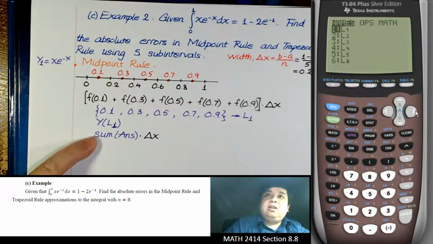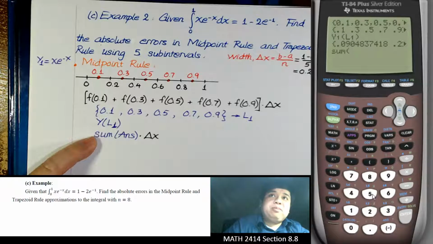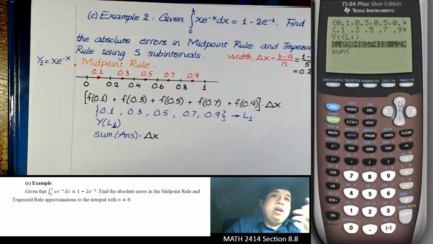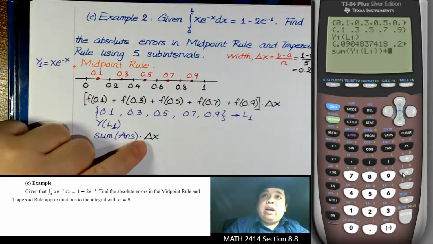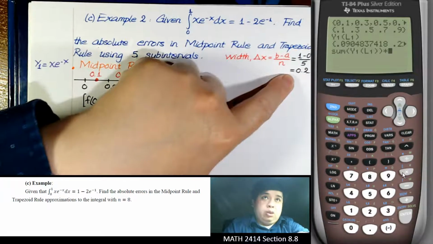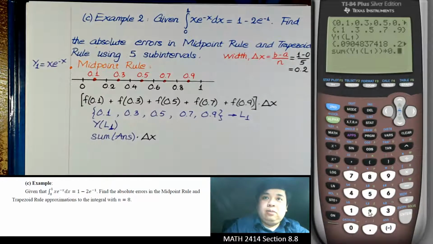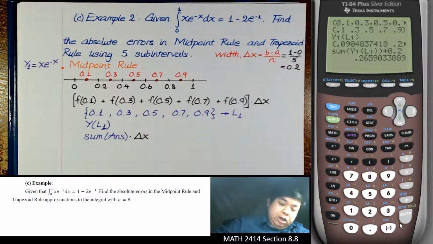Second step, go to math, option number 5, and either we hit answer or we just go up there, highlight, hit enter, so that it copies and pastes, times delta x 0.2, and that's what we have.